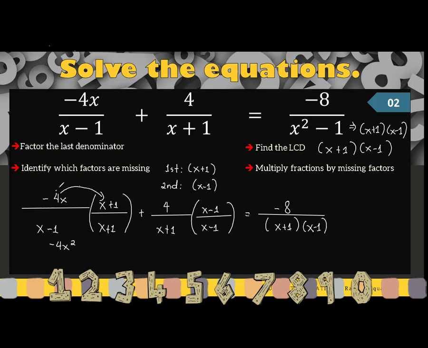Now, multiplying negative 4x or distributing it to the second term will give us negative 4x. And the denominator will be our LCD. Next, do the same with our second rational expression. 4 times x will be 4x, and 4 times negative 1 is negative 4.